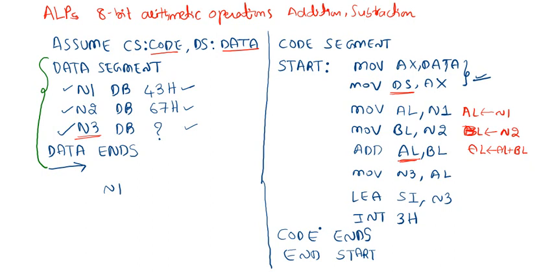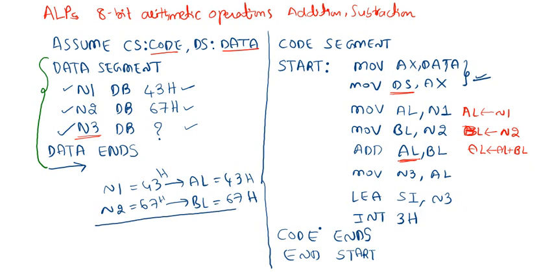N1 is 43, that is loaded to AL, and N2 is 67. These are hexadecimal only, and this is loaded to BL.